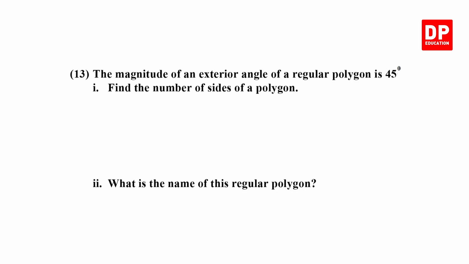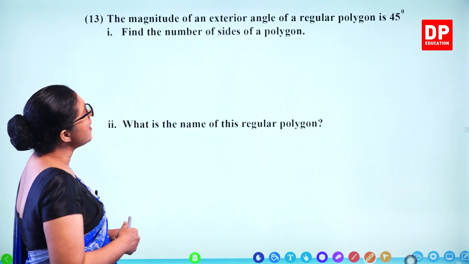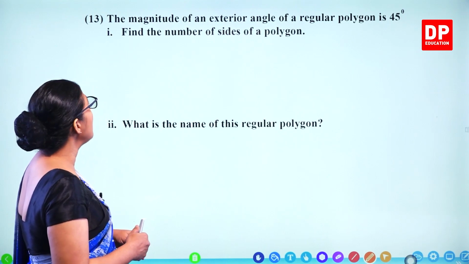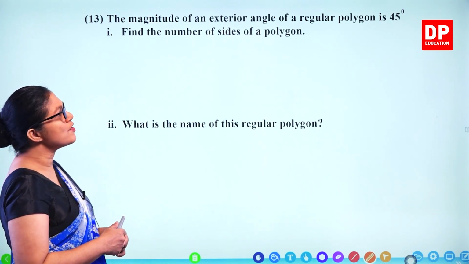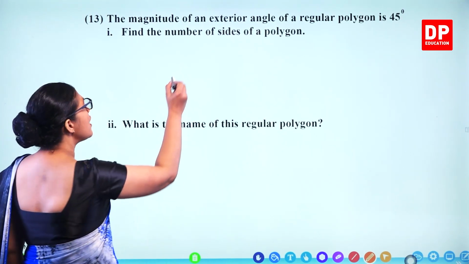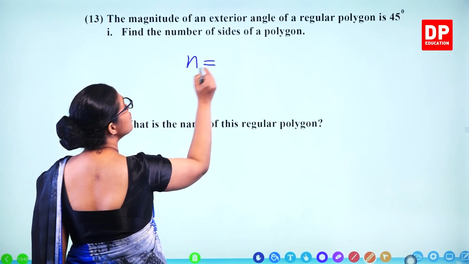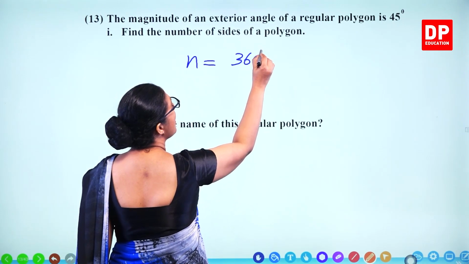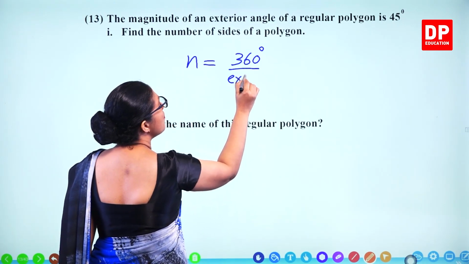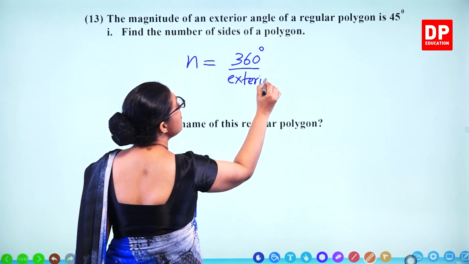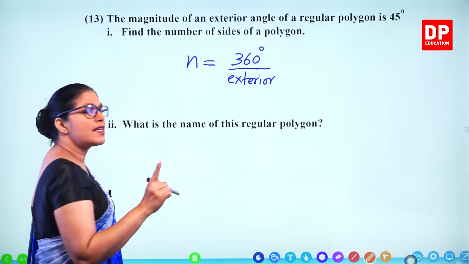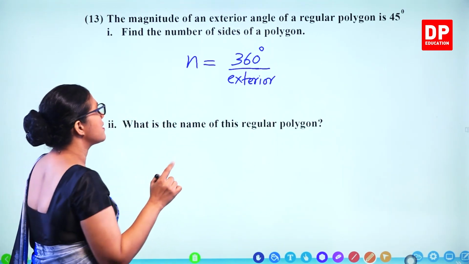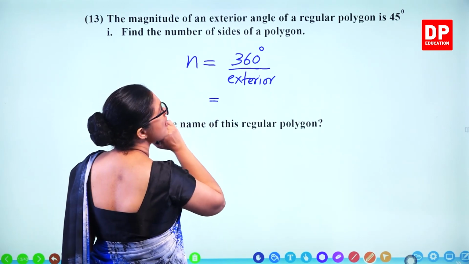Question number 13. The magnitude of an exterior angle of a regular polygon is 45 degrees. Find the number of sides of a polygon. So you already know how you find out number of sides of a regular polygon. 360 divided by exterior angle. Because we know for any polygon, the sum of exterior angles add up to 360. So we can find out number of sides.